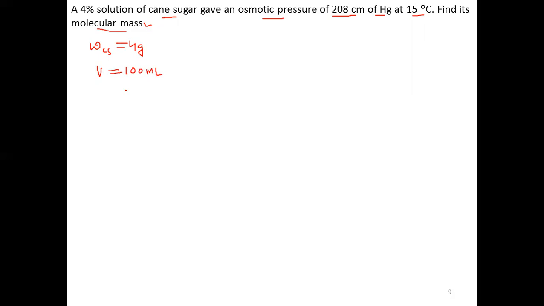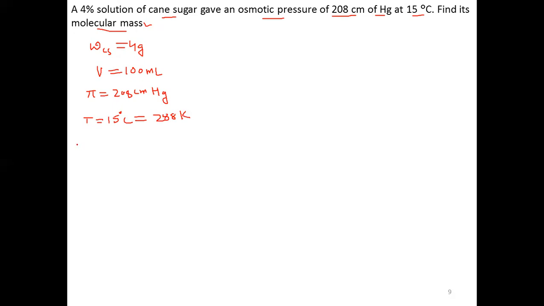That is the meaning of 4% solution. So what else is given? Pi is given, 208 centimeter of mercury, so we will convert it into atmosphere. Temperature is 15 degrees Celsius. We have to convert it into Kelvin. So 15 plus 273 is 288 Kelvin.